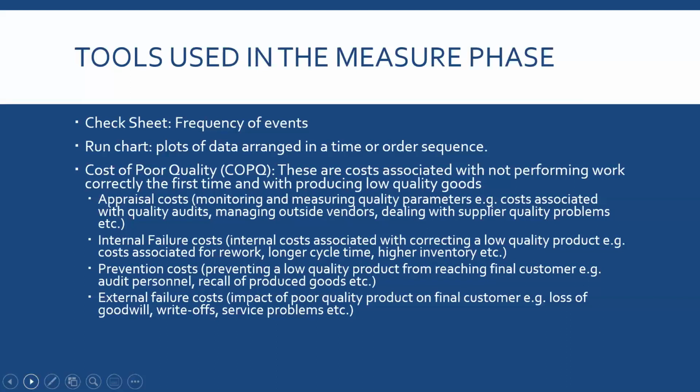There are a lot of examples of external failure cost. Again, these are costs associated with defects. If we have bad quality, what would be the cost? These are the four categories where you could put any cost related to quality: appraisal, internal, prevention, and external.